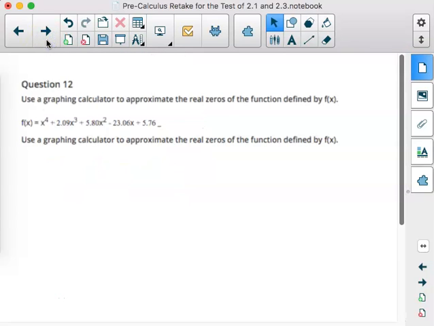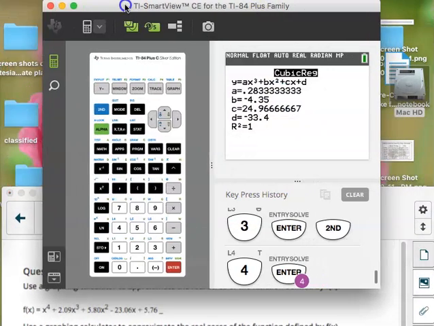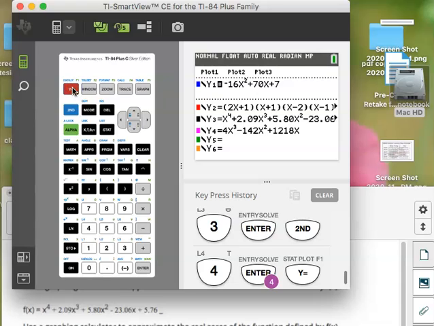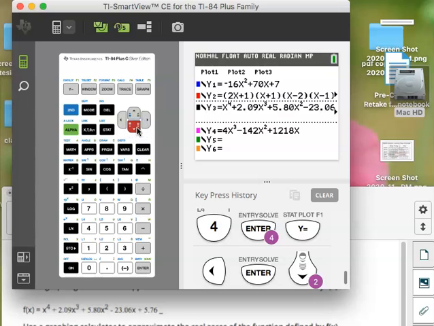Then the next one. Use a graphing calculator to approximate the real zeros of the function defined by f of x, and there's that little monster right there. So we want to figure out what the zeros are, and I have that one already loaded up in here. Let's see, it is y sub 3. And so for y sub 3, I'm going to turn this one off, get this one turned on.